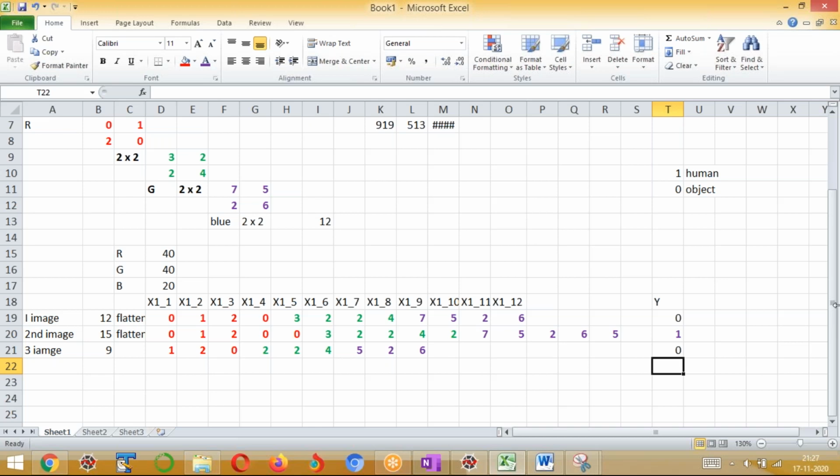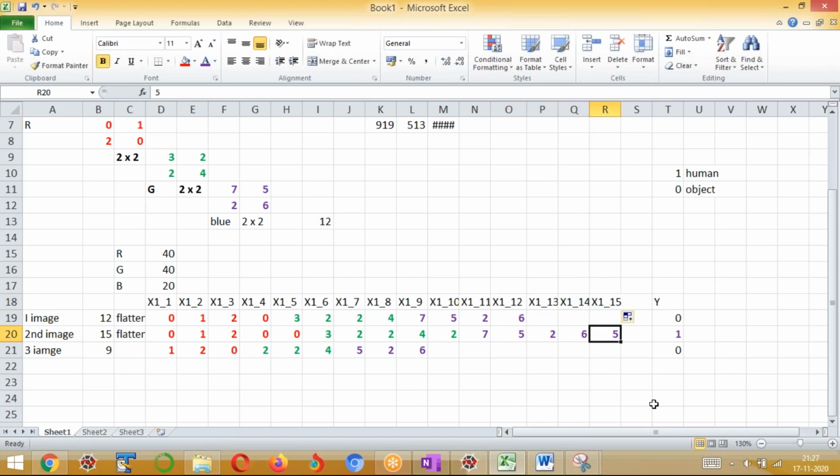So my values will be like this. My image has different values here. And each image contains a different number of pixels. So here I have till x underscore 15. So what will be assigned to the remaining places?